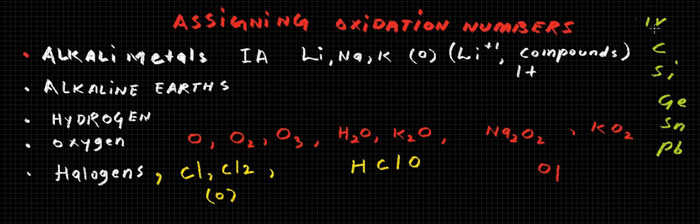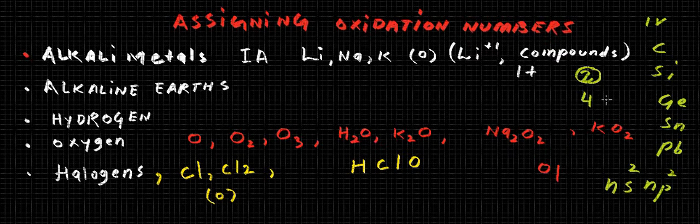It's the fourth group, and the electronic configuration is ns2 np2, a total of 4 electrons. 2 of them are in the s and 2 of them in the valence p subshell. So this group will have 2 possible oxidation states. One is 2, the other is 4.